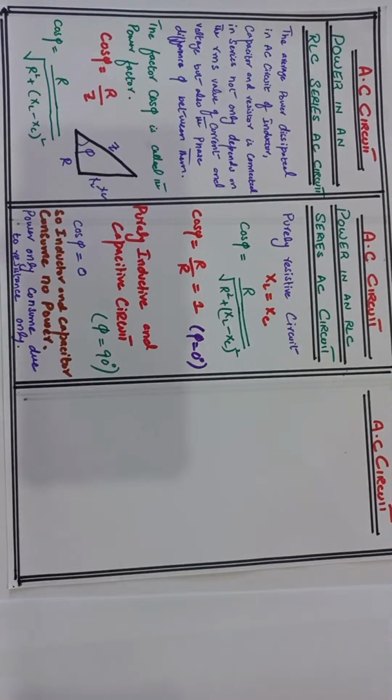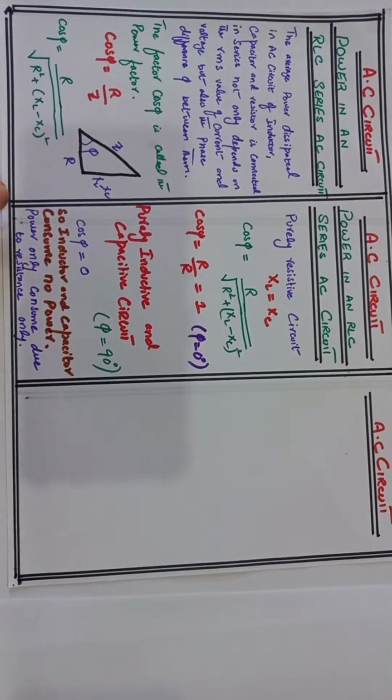Next we discussed the phase angle, and then the three cases, where the inductive reactance is greater than the capacitive reactance, and the capacitive reactance is greater than the inductive reactance. In the last part, we discussed the power in an RL series circuit: the power is only consumed by the resistor, and the inductor and capacitor consume no power.